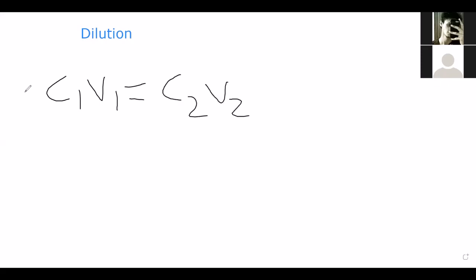Next is dilution. For dilution, we have the formula C1 into V1 equals to C2 into V2. This means these are the moles before dilution, and these are the moles after dilution.